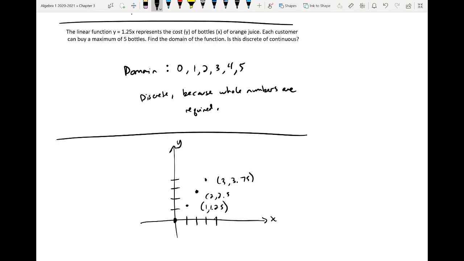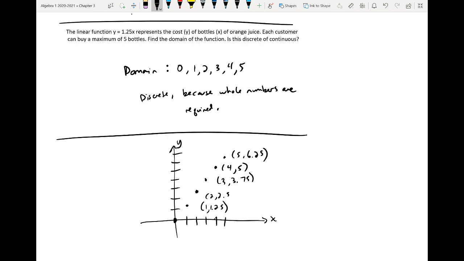And we have 4 bottles. 1, 2, 3, 4, 5, right? Because 4 times 1.25 is 5. And last but not least, count up to just over 6, between 6 and 7, because 5 times 1.25 is 6.25, right?